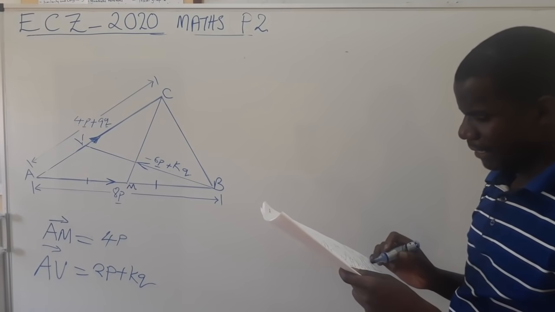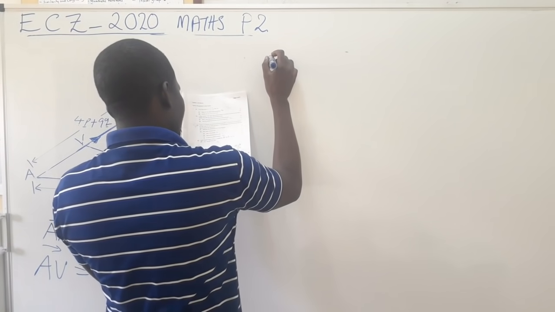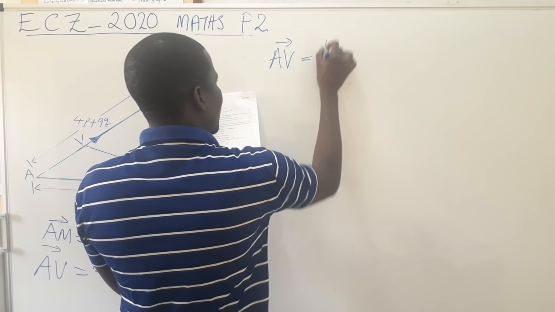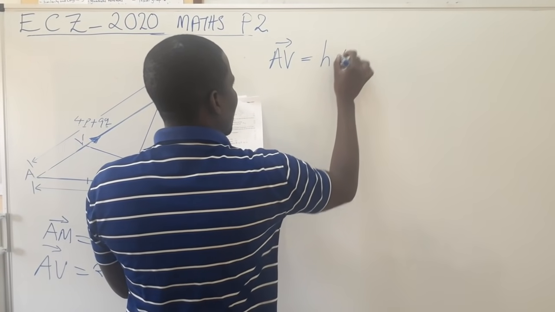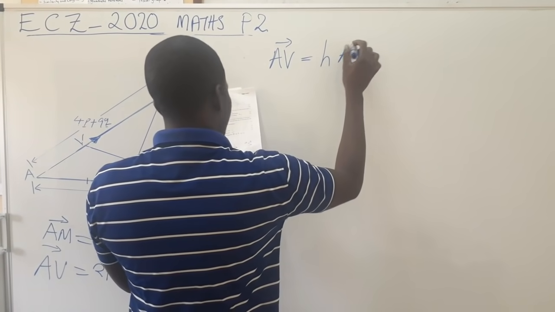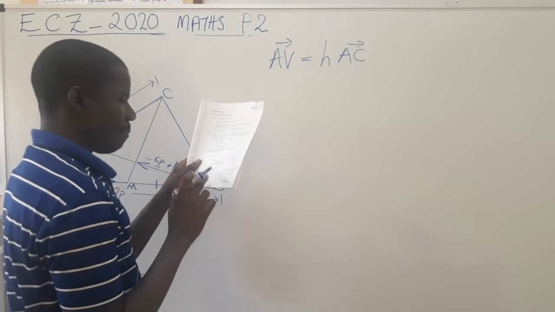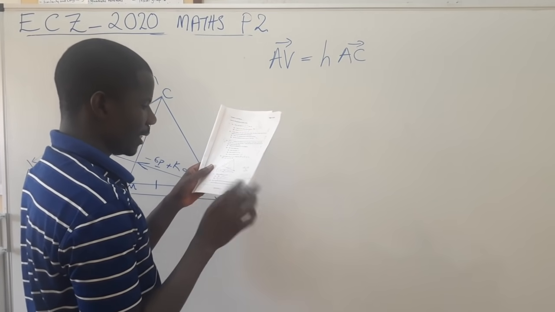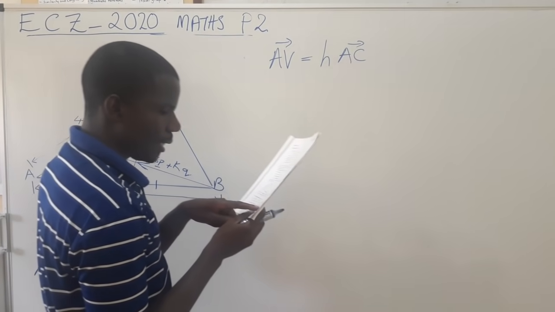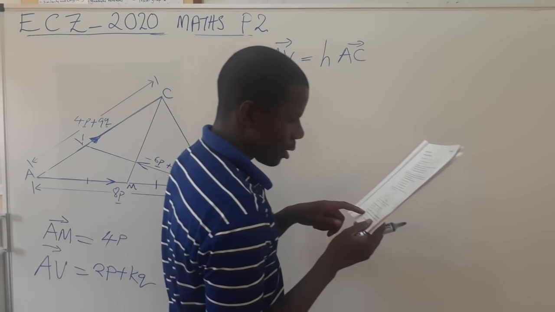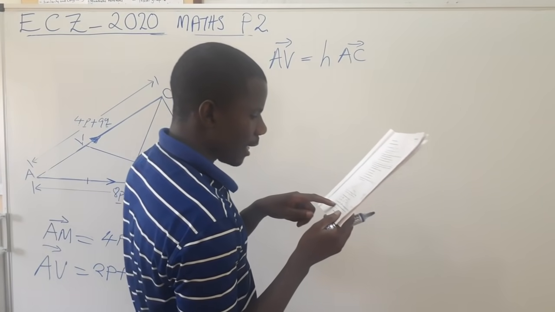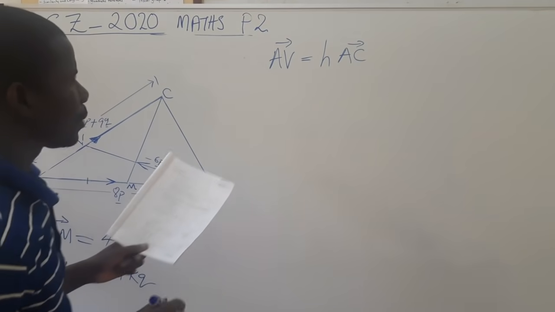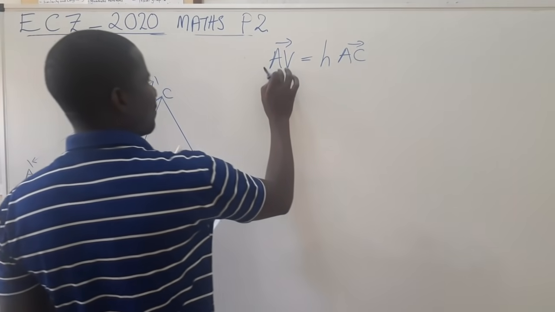We are told that given that AV is equal to HAC, by forming an equation involving P, Q, and H and K or otherwise, find the numerical values.